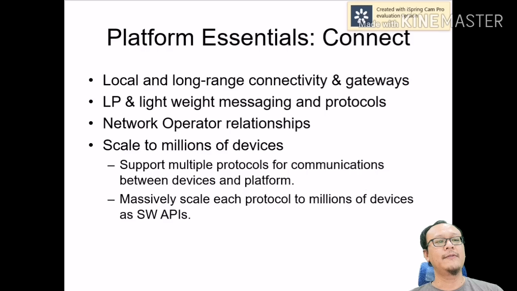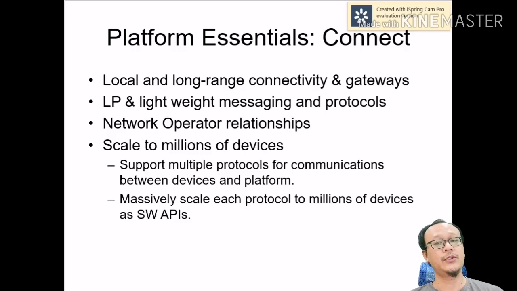The third platform essential is the connection. So we need to have a connection, or either of course a gateway, or you're using a mobile internet. So it's up to you. The thing is you need to connect the sensor or the device to the internet.